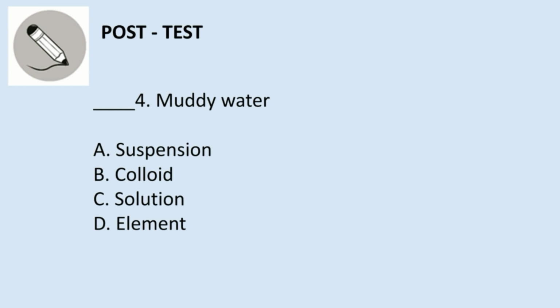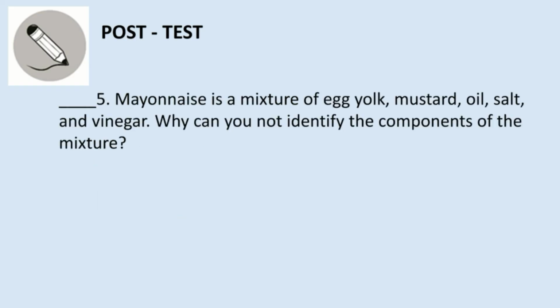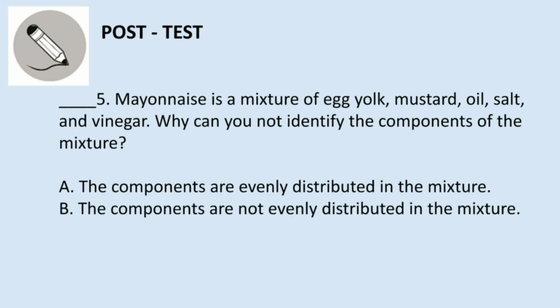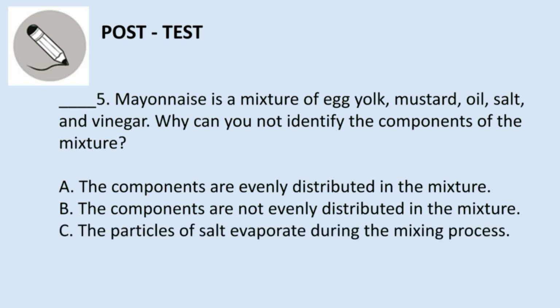For number 5, mayonnaise is a mixture of egg yolk, mustard, oil, salt, and vinegar. Why can you not identify the components of the mixture? A. The components are evenly distributed in the mixture. B. The components are not evenly distributed in the mixture.